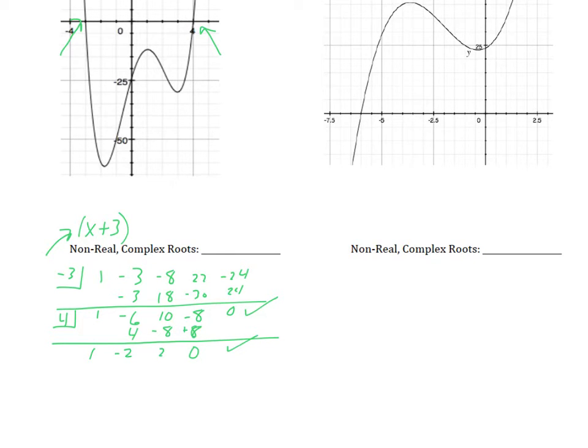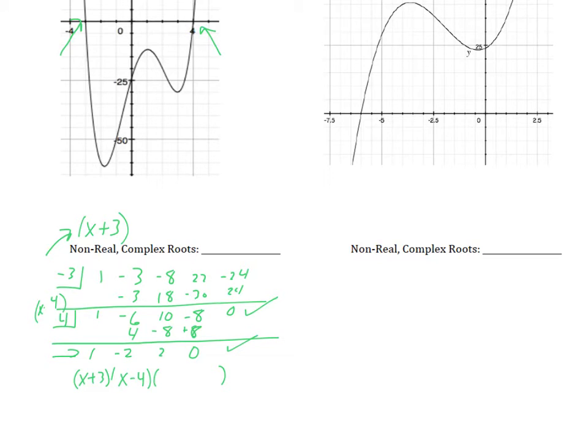That worked. So the factor associated with a +4 is x minus 4. So let's write what we've done so far. We've actually factored out x plus 3 and x minus 4. Then what's left over is what you see here for these coefficients.